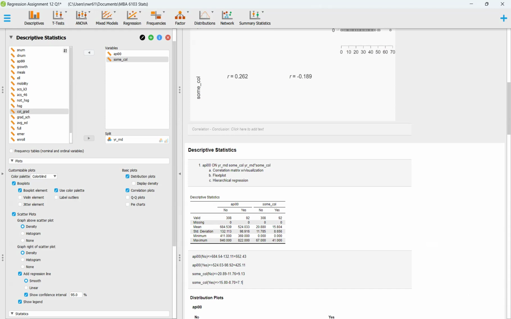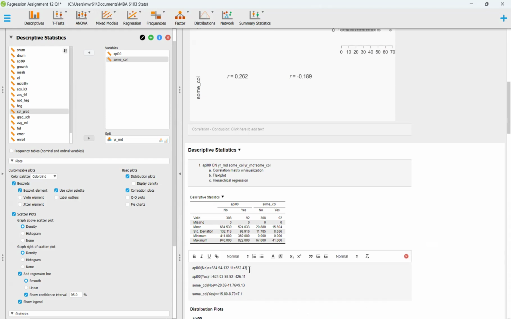Regression equation indicates, given that no, first for these two, this would indicate that the school is either year-round or it's not year-round.